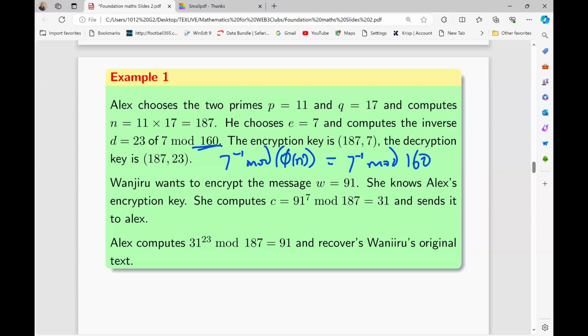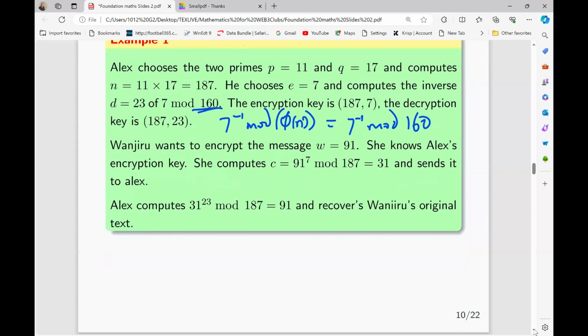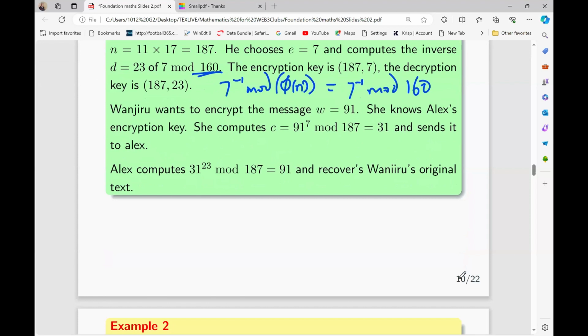It's 160. Now, how do we find the inverse here? We have two options. Let's pick one. I want us to pick the extended Euclidean algorithm. Let's pick that and do it. In another example, we shall use the Euler-Phi theorem.